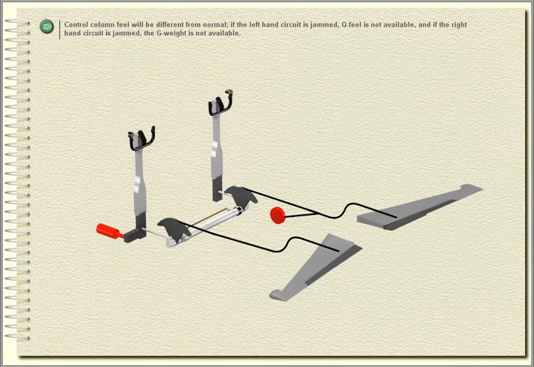The autopilot should not be used. Control column feel will be different from normal. If the left-hand circuit is jammed, Q feel is not available. And if the right-hand circuit is jammed, the G weight is not available.